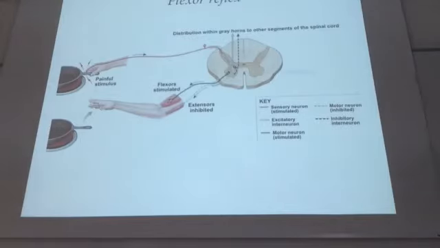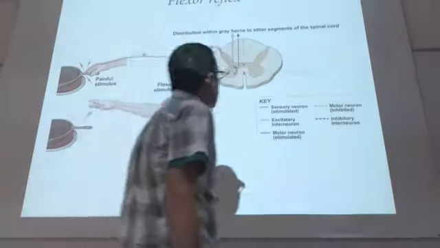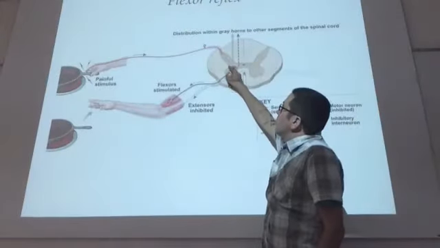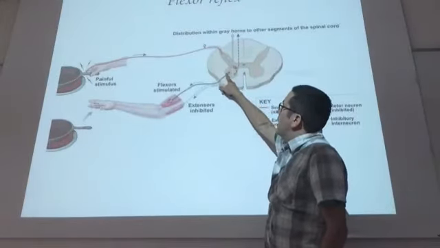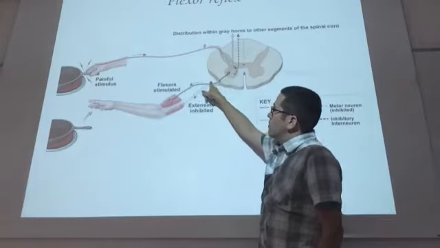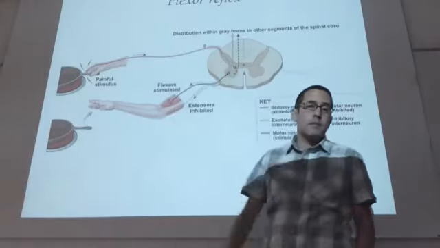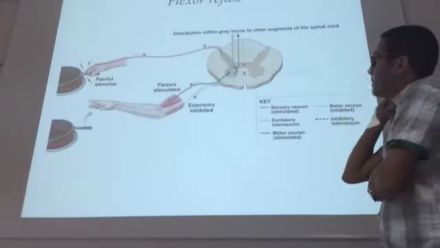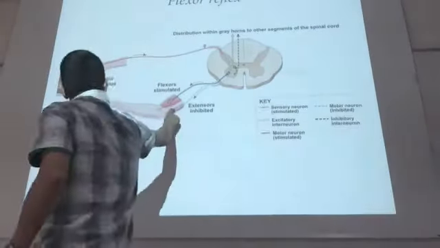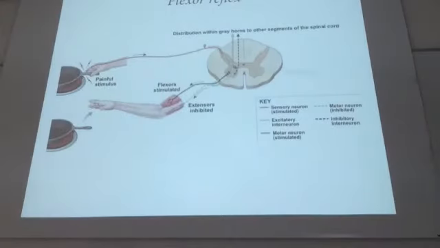So when you touch something warm, like in this example, the interneuron here will both excite or stimulate the flexor, in this case the biceps, but it will also inhibit any flexion of the triceps. And this, of course, will cause much more powerful flexion.